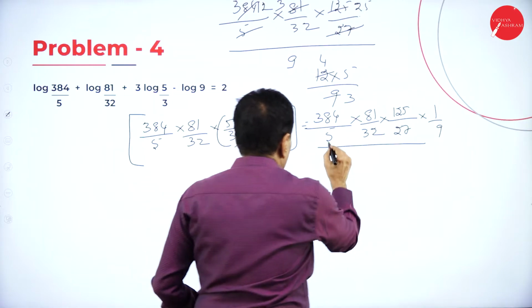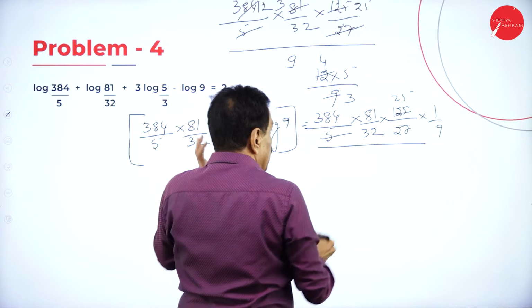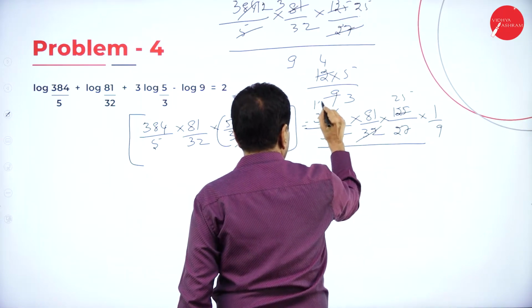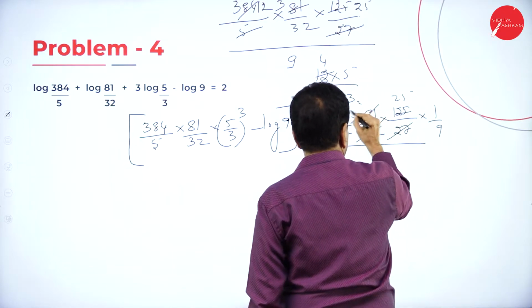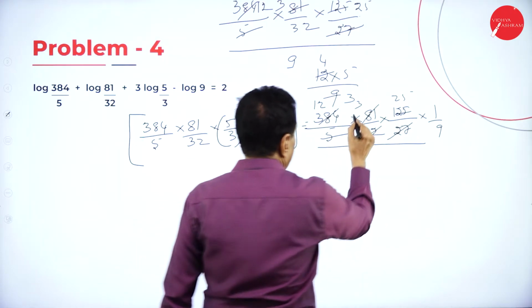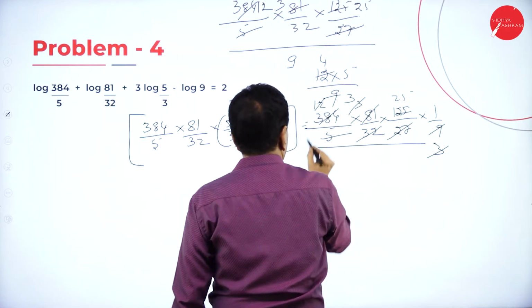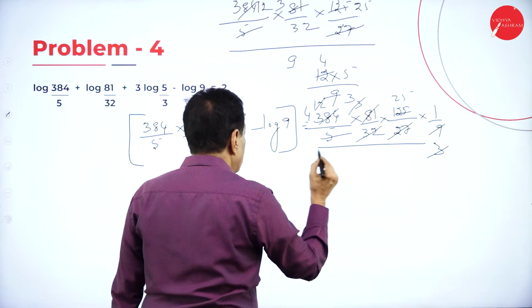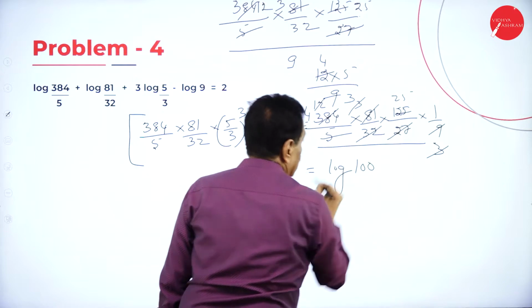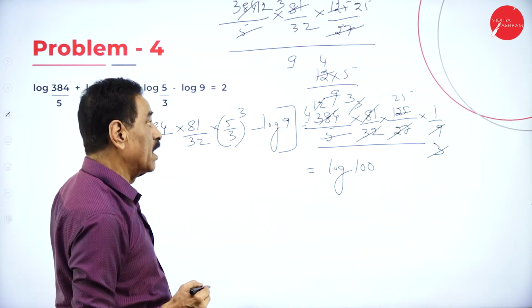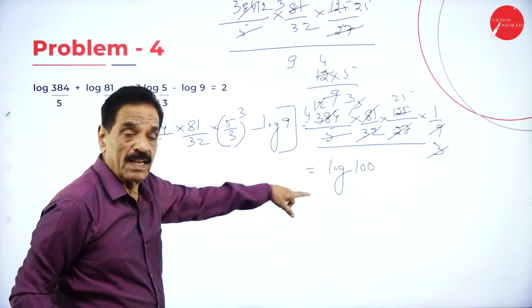Simplify. 5 twos are, 5 fives are, 32 12s are, 27 threes are, 3 threes are 9, 3 fours are 12. So 25 into 4 is log 100.